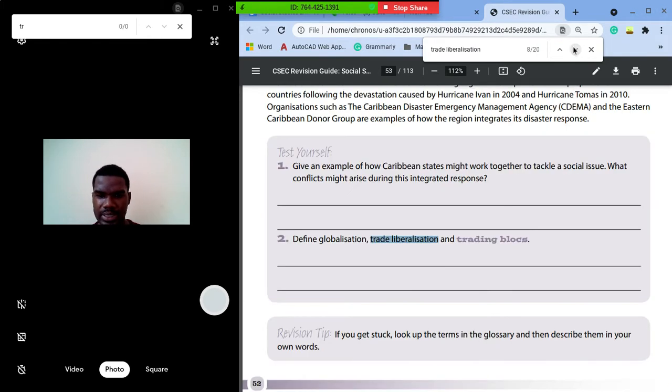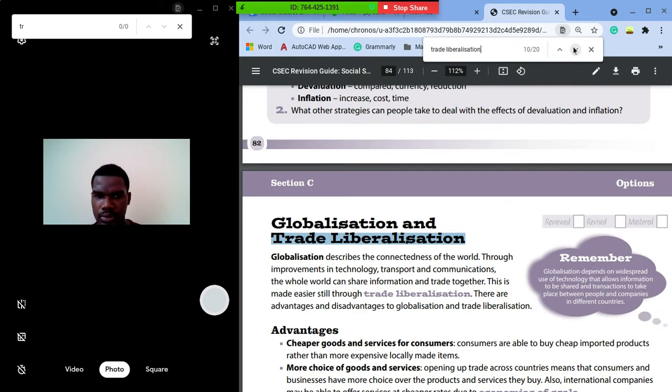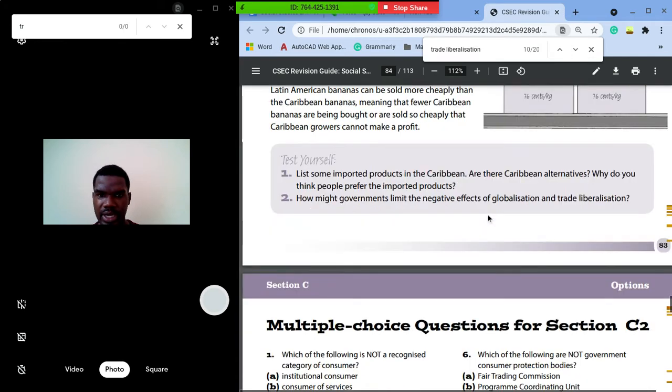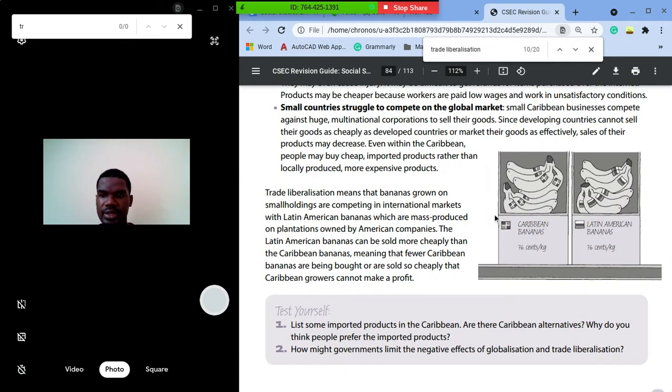So write this example out for me. Here we go. Trade liberalization means, for example, banana, which is grown in the Caribbean, is also grown in Latin America. So Jamaica makes banana, but it's also grown in larger markets such as Latin America, which are mass-produced on plantations owned by American companies.